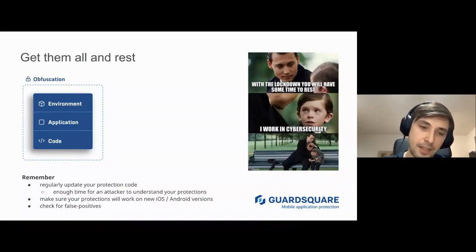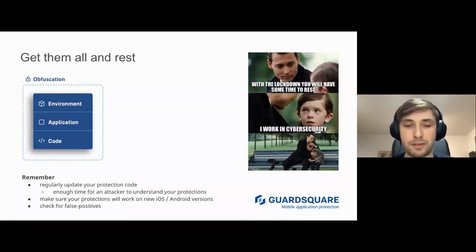Firstly, update your protection code regularly, because if you don't, you will give an attacker enough time to understand your protections. If you keep your protections in the same place all the time, then after a couple of months, an attacker will understand how they work and will just bypass them.